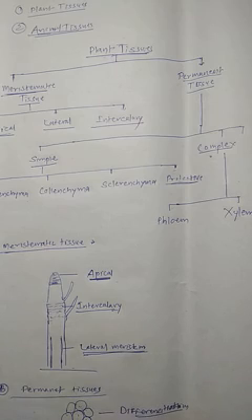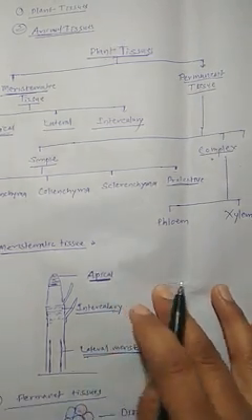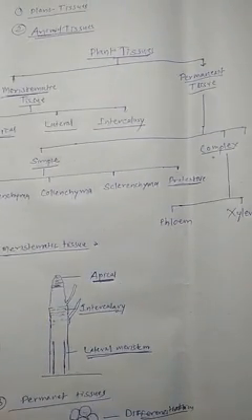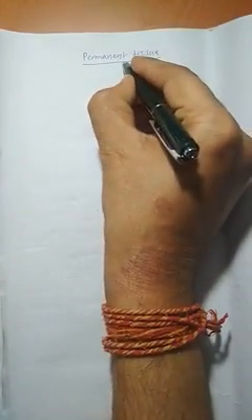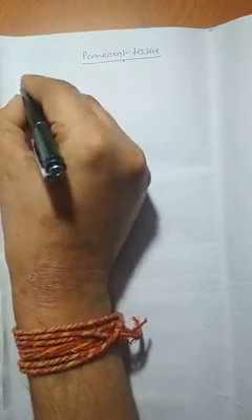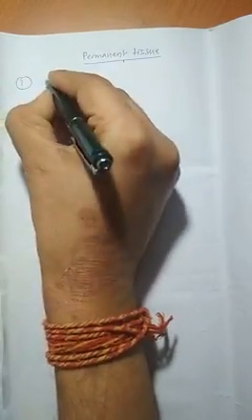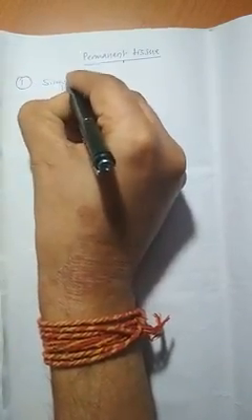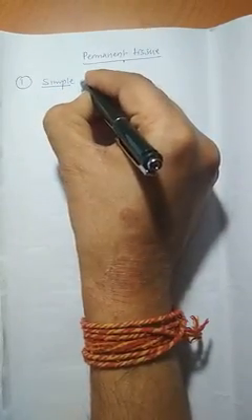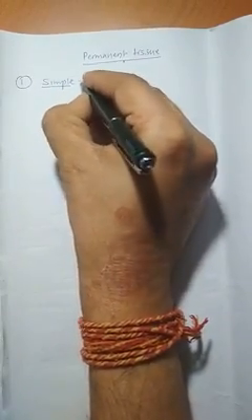Permanent tissues are also subdivided into simple and complex. Number one, simple permanent tissue. What about simple?